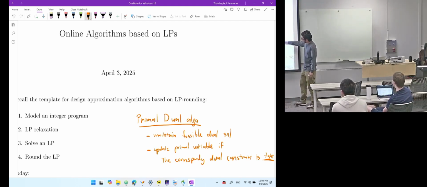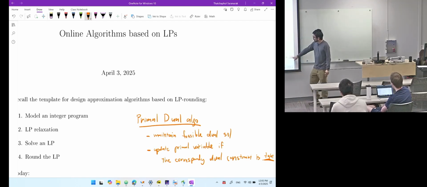So this is one particular way, but the general point of this is that you maintain both primal and dual solutions, and you try to reason about the cost of primal based on your dual solution.